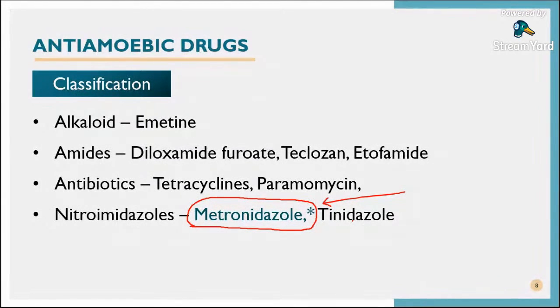Another example is tinidazole. Most of the time, if you visit medical shops or physicians when you are suffering from diarrhea and dysentery, most physicians give prescriptions of this tablet, Normate.